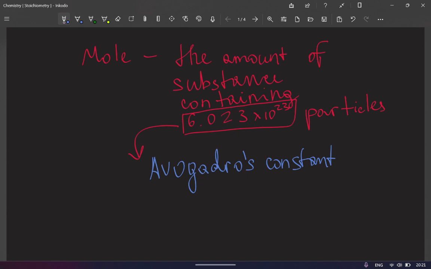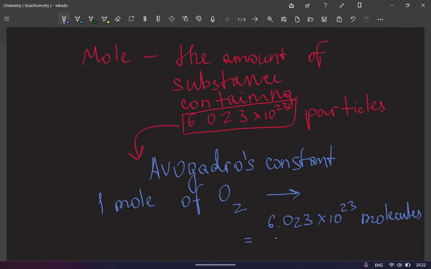What is Avogadro's constant? It's basically the number of particles in 1 mole of a substance. It can be ions, atoms, molecules, anything. For example, 1 mole of oxygen gas, O2, contains 6.023 multiplied by 10 raised to the power of 23 molecules.